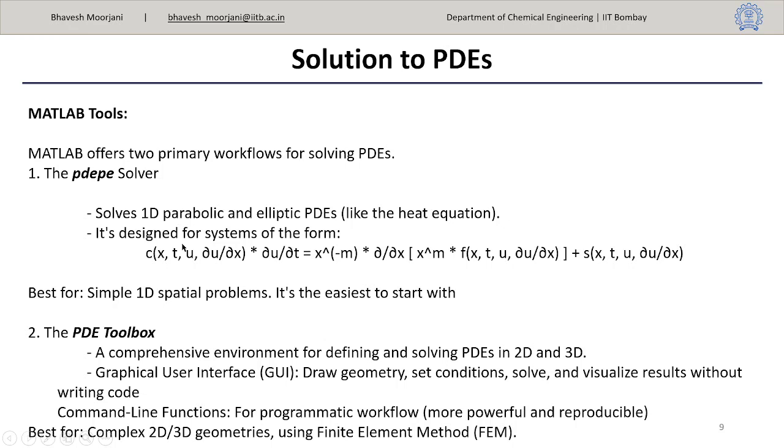If you recall, in the last class, the reaction diffusion problem, we solved it based on the pdepe solver, where you have one time derivative and one space derivative. So this is best for 1D spatial problems and easier to start with, where you first write your system in this equation form and then provide the PDE function, boundary condition function, and initial condition function to your pdepe solver.